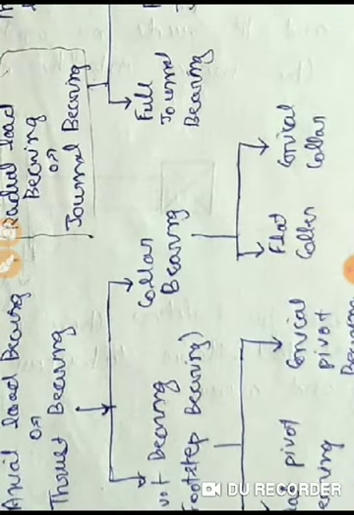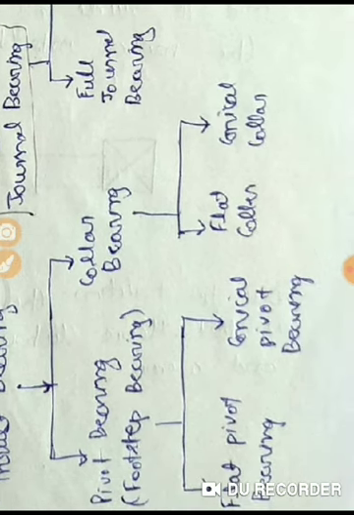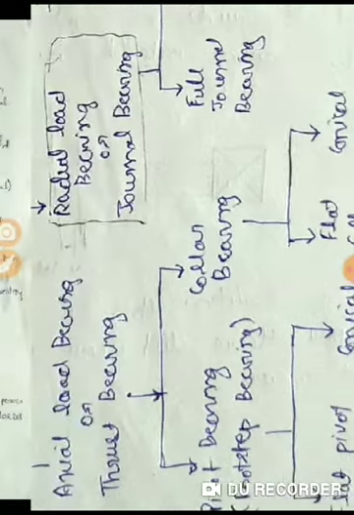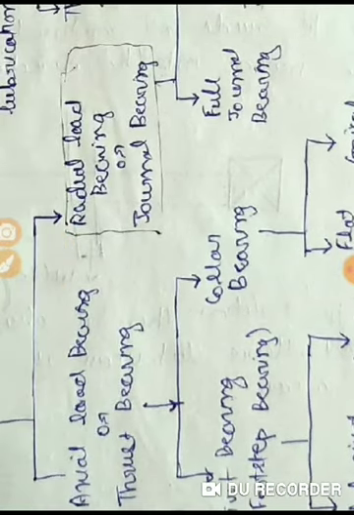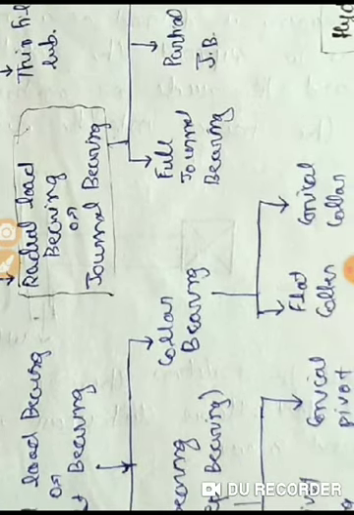That means the shaft is vertical, like we put our foot in a shoe in the vertical direction. Like that, the shaft is held in the bearing in a vertical direction, and the load is also acting axially. That's why this type of bearing comes under axial load bearing.